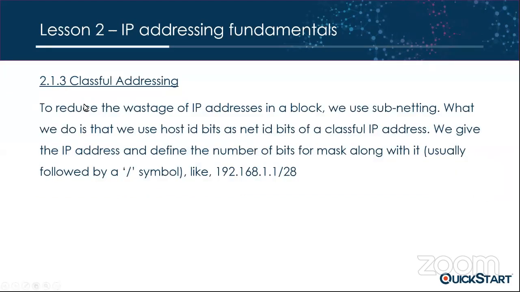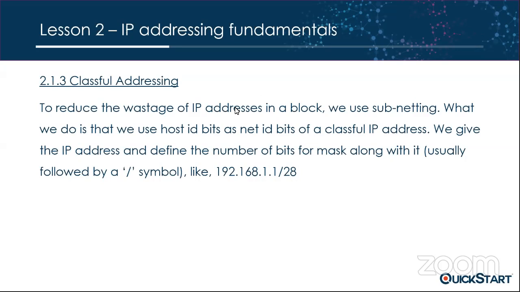To reduce the wastage of IP addresses, because in the classful address we categorize into A, B, C, but we see that we are wasting a lot of IPs when we give that whole block, we use subnetting. What we do is use host ID bits as net ID bits of the classful IP address, and we define the number of bits for the mask along with it.